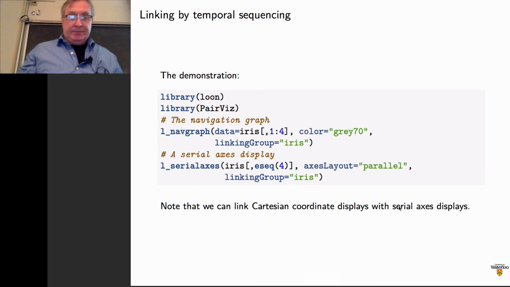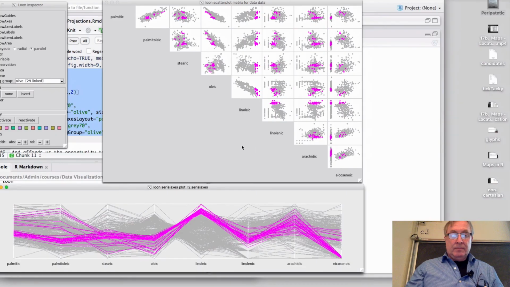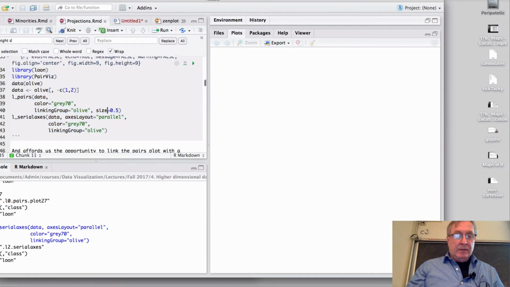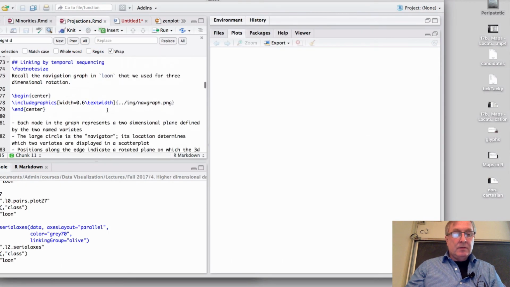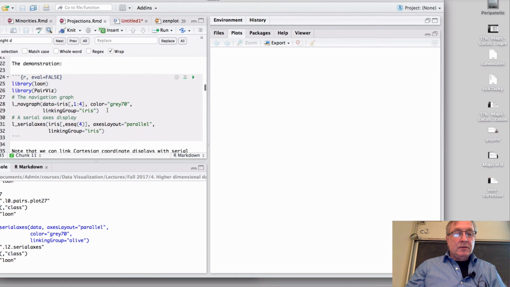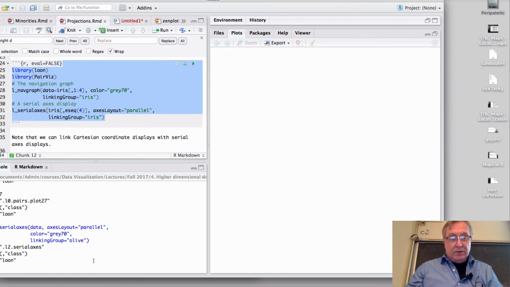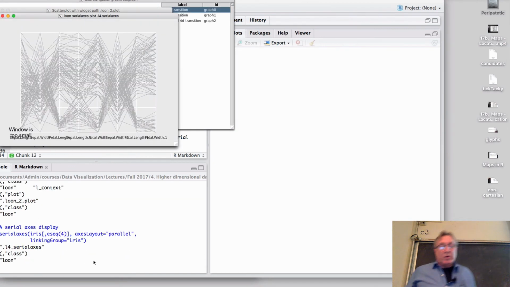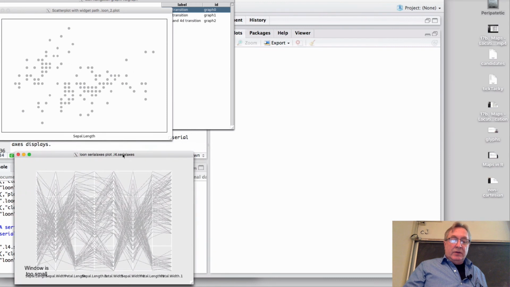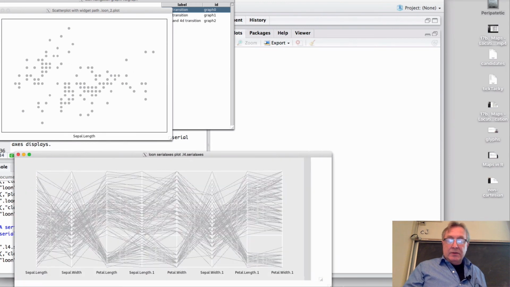So let's have a look. There's this L underscore nav graph. We're looking at all of the different coordinates at once. So we can still play the same game, with the parallel coordinates laid out.